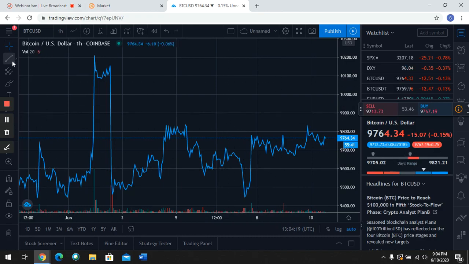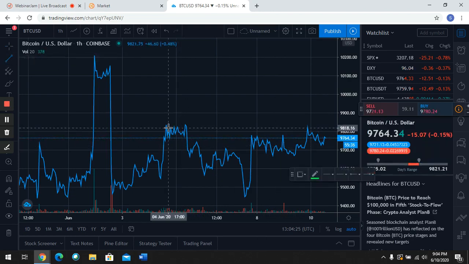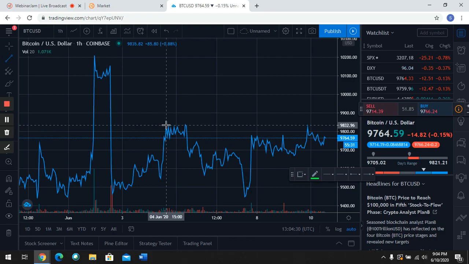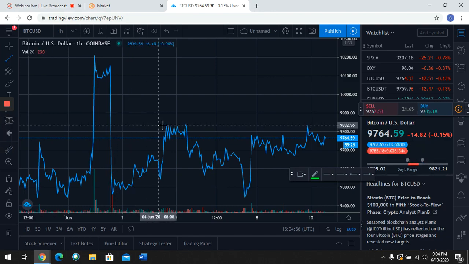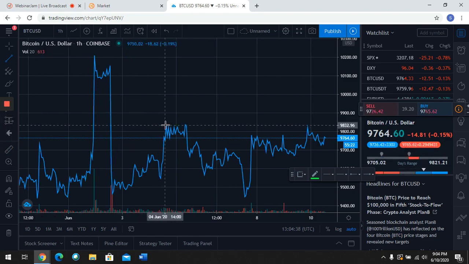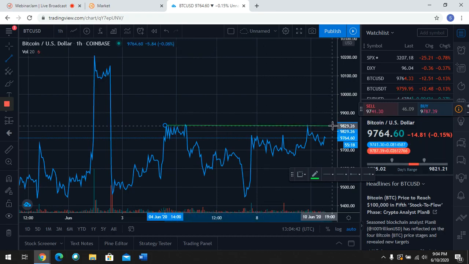Look out for this button called trend line here. Click it. Can you see this peak level here? Let's draw that together. I'm going to draw it from this peak all the way to here.